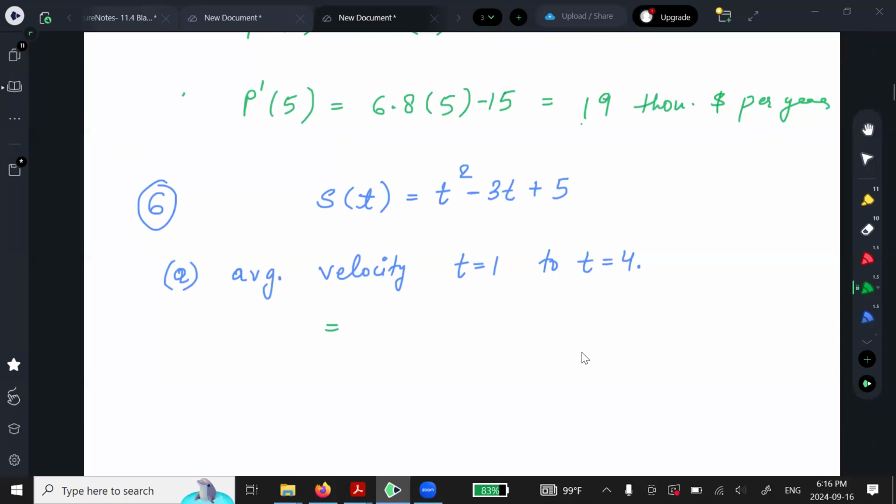What is the formula? Yes. Y2 minus Y1 over X2 minus X1. Okay, and how will you find Y2? You plug in 4. What comes first? 4 comes first, right? You plug in 4 first.